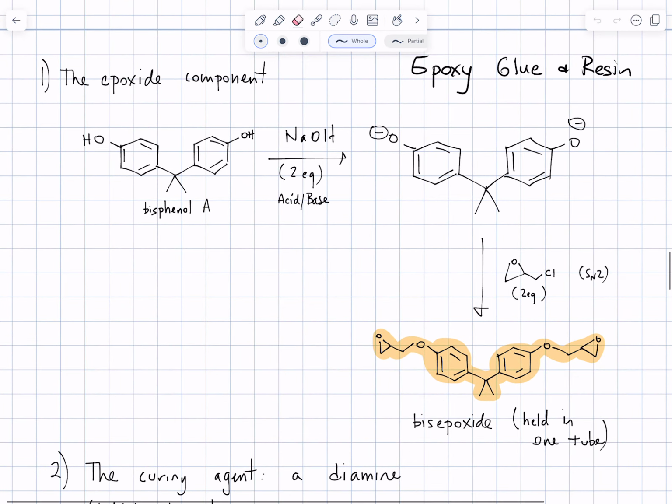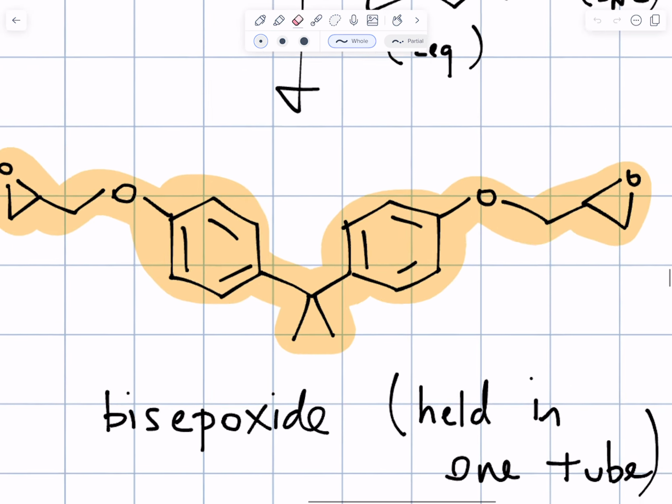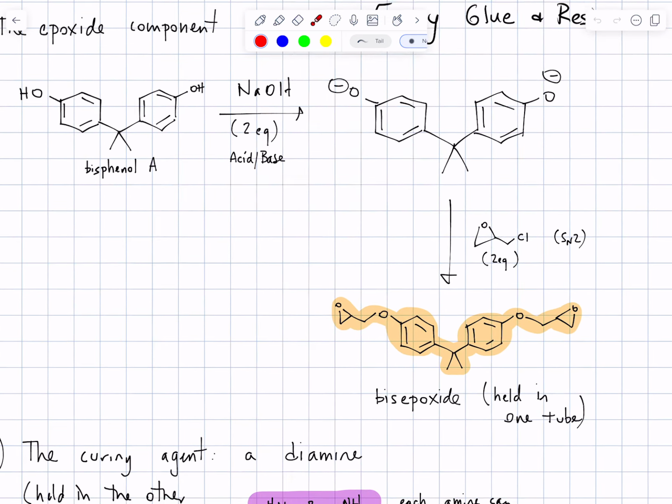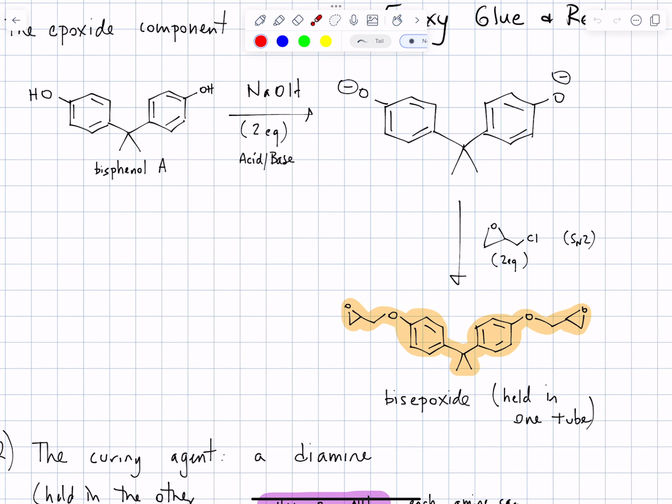So when you go to make epoxy resin and use it as a glue, there are two components. One of them is an epoxide, and that's shown here. But it's not just any epoxide, it's called a bis epoxide because there are two epoxy groups, one on either side. And you have this somewhat rigid linker of benzene rings and a tertiary carbon between the two. This is an aside, doesn't matter, but some of you have heard of bisphenol A or BPA and seen plastics advertised as being BPA free.